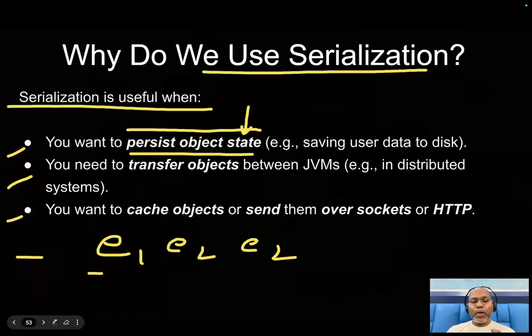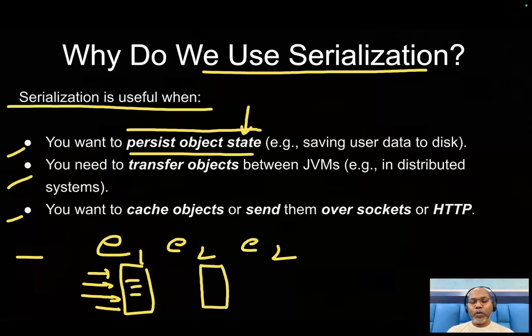Each employee has a unique employee ID, employee name, address, and so on. All these values are considered the state of the employee. Similarly, employee 2 also has a name, age, address, fields. These values are the employee 2 state. Similarly, employee 3 has a different state. So these are the states. Whenever you want to store the employee state, the object state, that is the use.